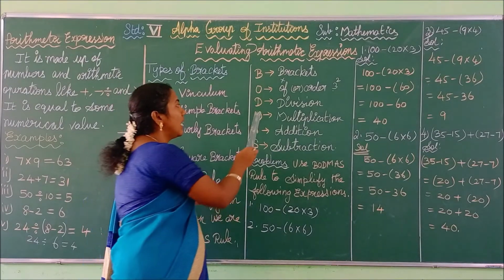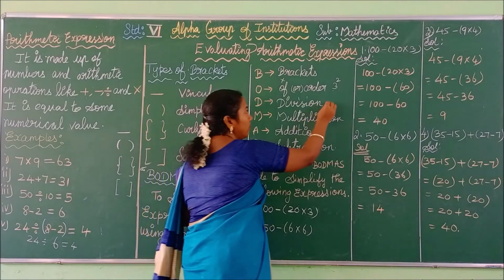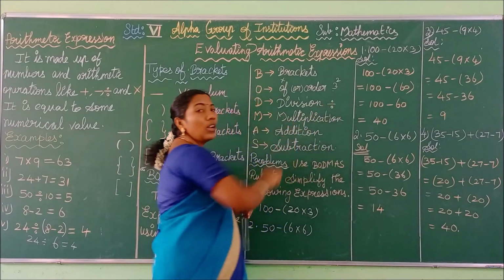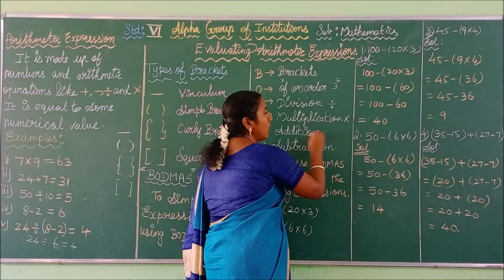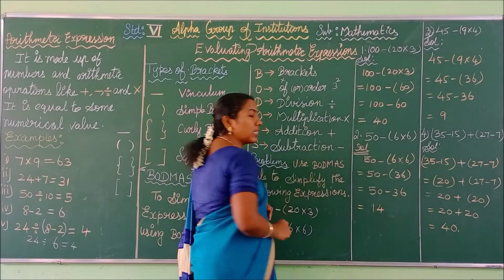D for division, you know the symbol for division. M for multiplication, A for addition, and S for subtraction.